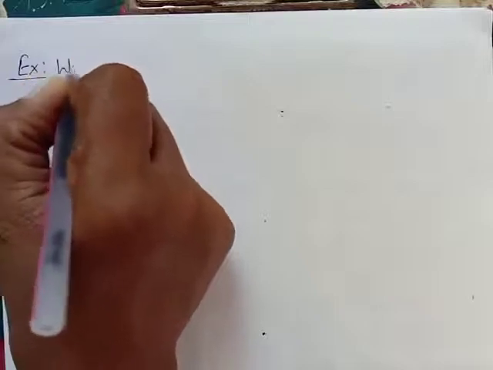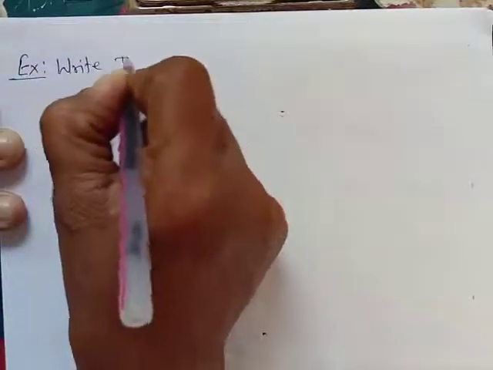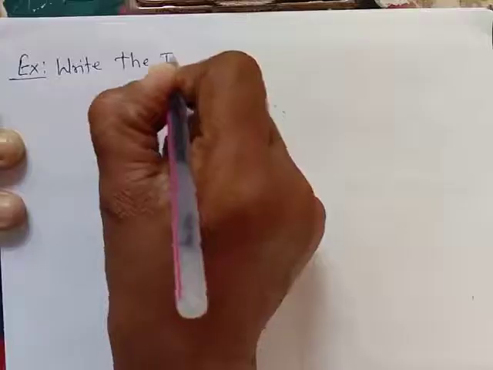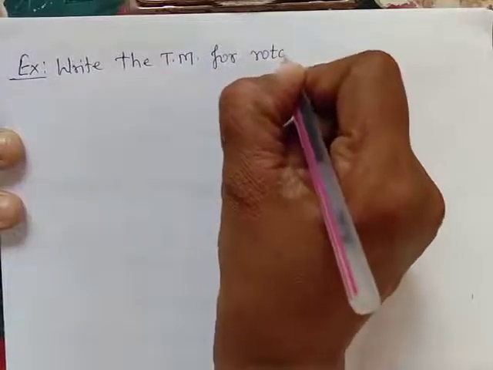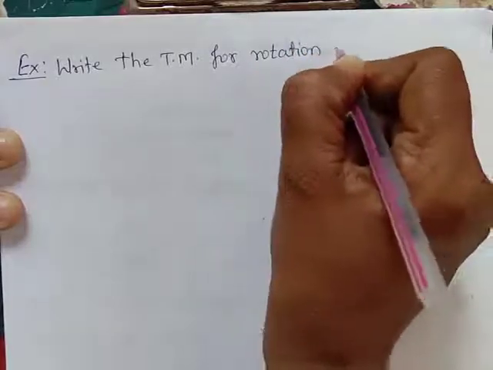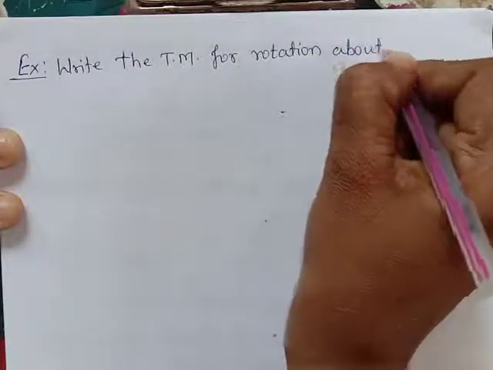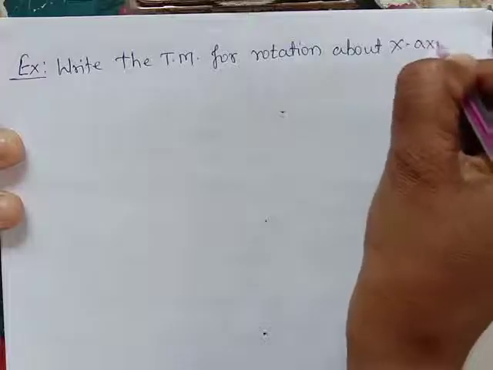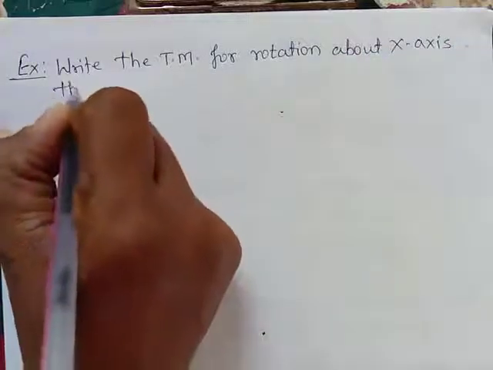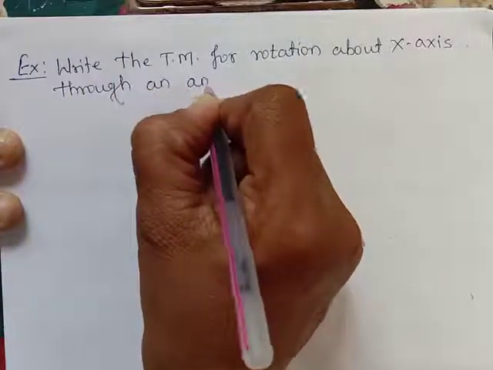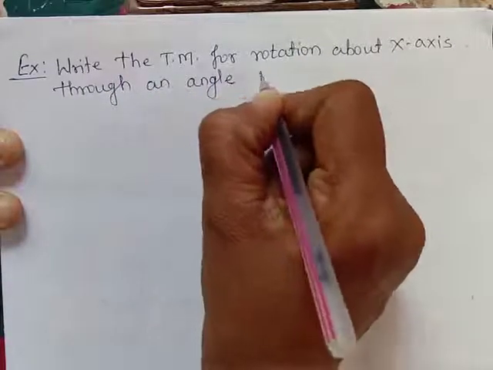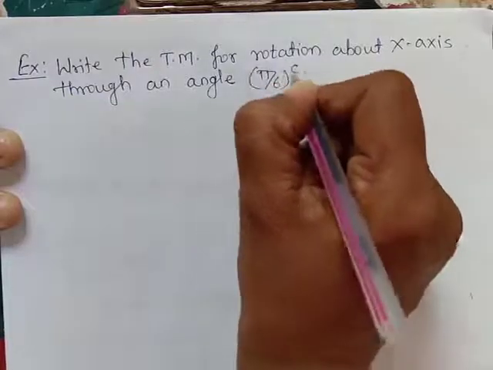Next example, suppose write the transformation matrix for rotation about x-axis through an angle pi/6 radian.